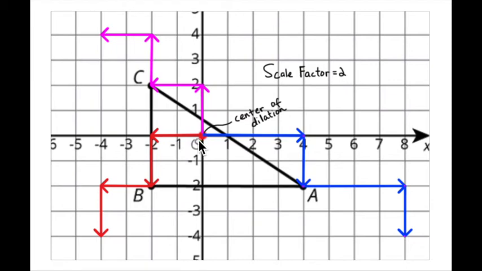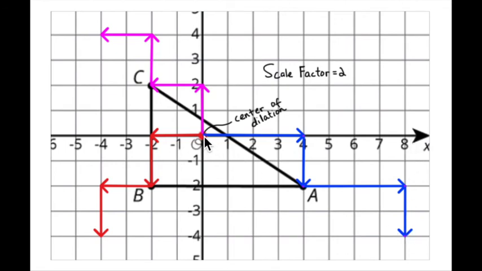So 2 times negative 2 is negative 4, and 2 times negative 1 is negative 2, which is negative 4 again. So this is negative 4, negative 4. Let's look at this one over here. 2 times 4 is 8, and 2 times negative 2 is negative 4. So this is 8, negative 4.